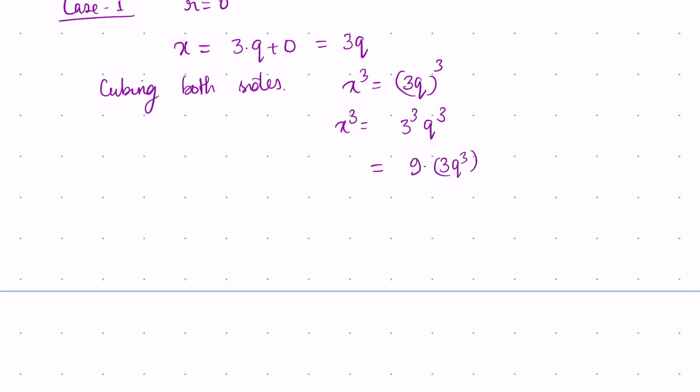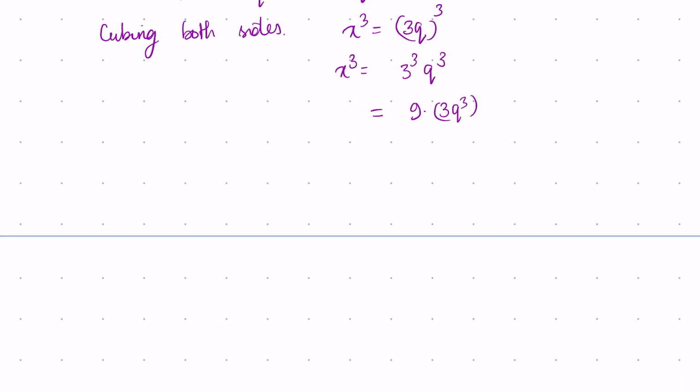I'm just rearranging and factorizing this. So if we assume m is equal to 3q cubed, then x cubed looks like 9m. So that's our first case. That's what we wanted to show.